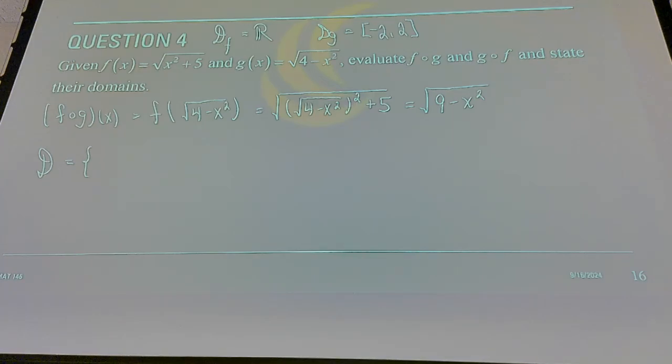So it'd be the set of all x between negative 2 and positive 2, such that g of x is a real number, right? Such that g of x is in the domain of f. Where would the square root of 4 minus x squared be a real number?